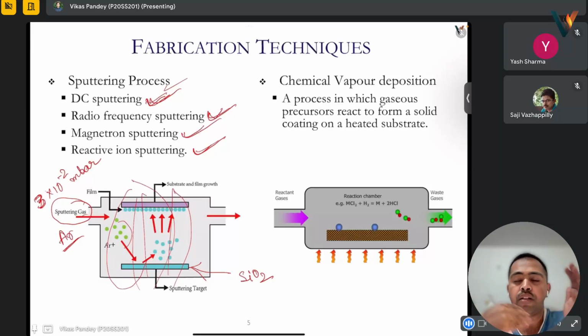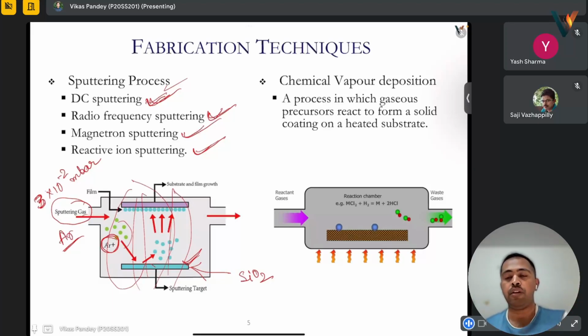If it is DC sputtering, the DC source uses a cathode and anode. If it is RF, we will put radio frequency. Like that, we will create plasma. When the plasma is made, this argon will convert into positive argon with very high energy, and it will hit this sputtering target.